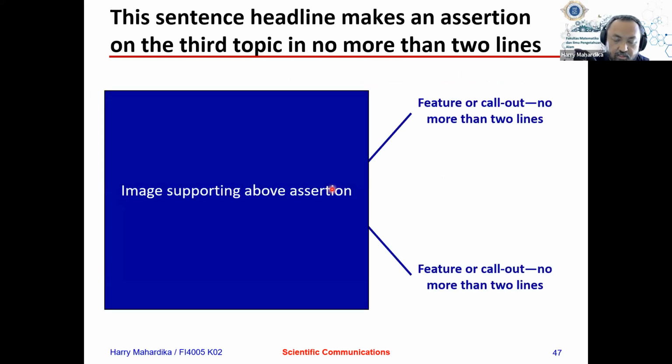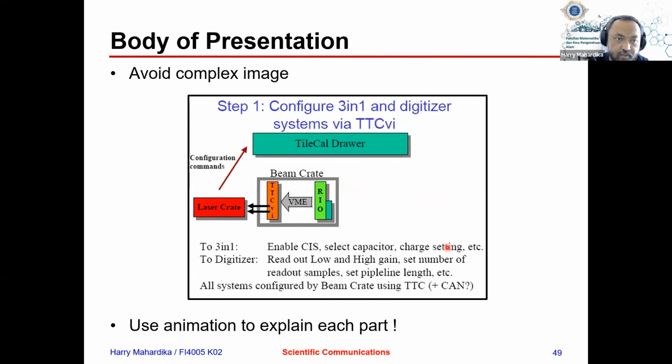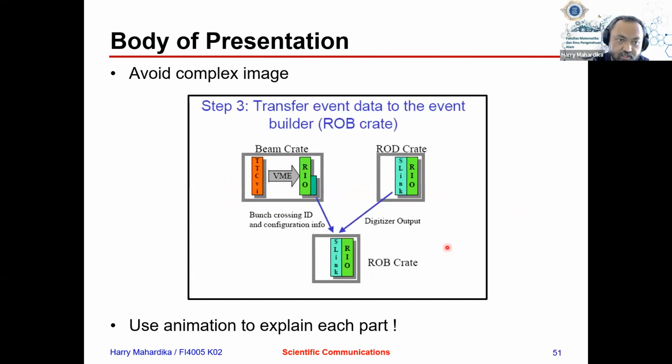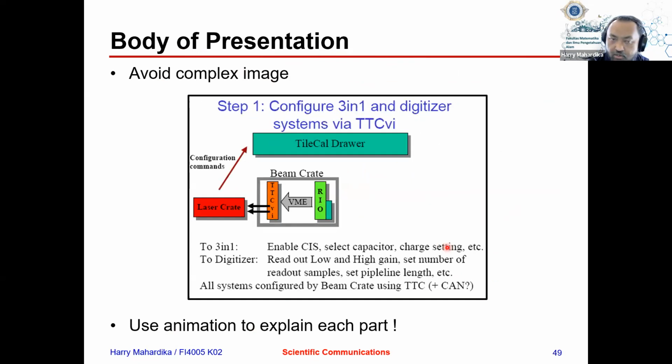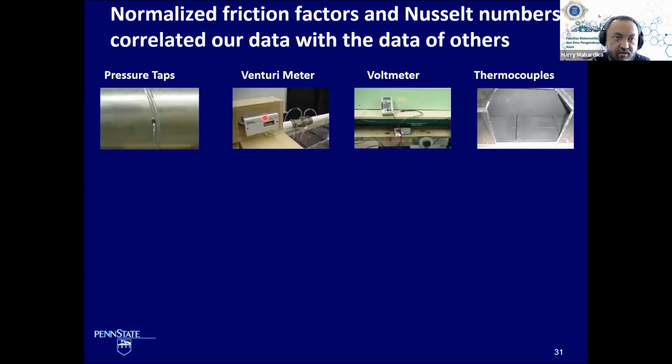Here is an example like this one. This is one of the best examples of your presentation body. This one also basically shows the flow or the description of the mechanism of this machine or this process, from step 1, step 2, step 3, step 4.